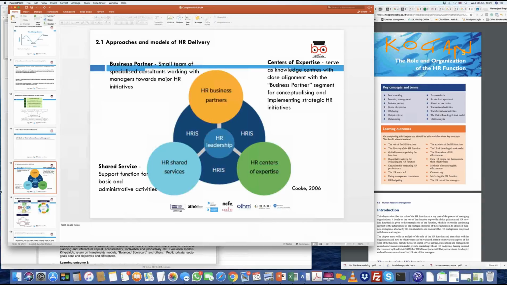Now, what could be that data? That data could be related to personal records of the employee. It could be employment contracts. It could be things related to your compensation and benefits, things like payroll. It could be data related to your reviews, which have happened over the years or months.